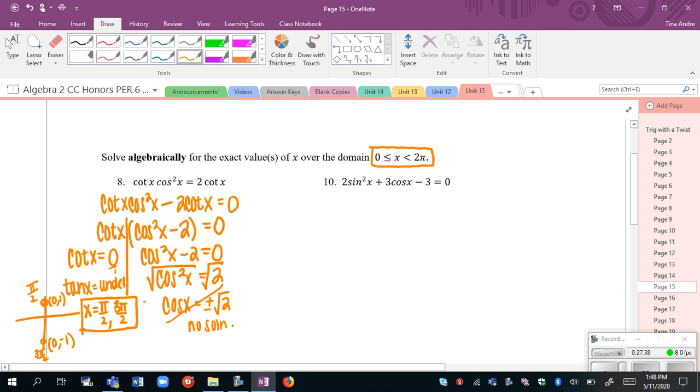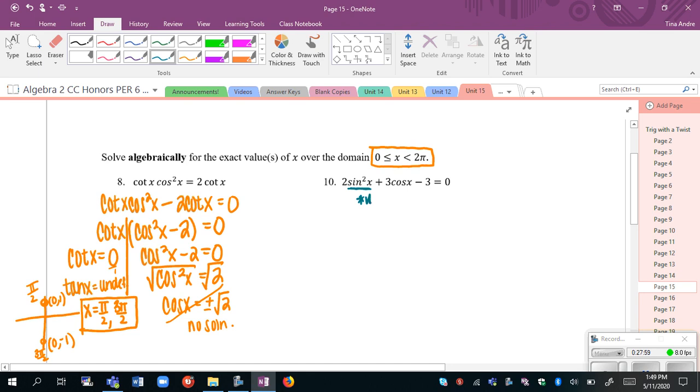So looking at the next one here, it would be good to factor if this was sine and sine. We have sine squared of x, but now we have a cosine. So I need to get this sine squared of x in terms of cosine so that I can actually factor.